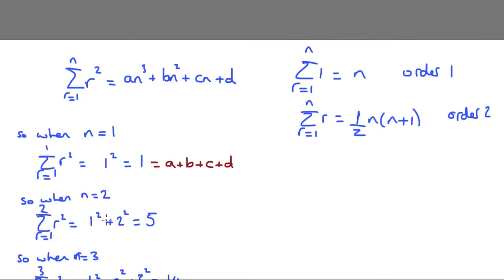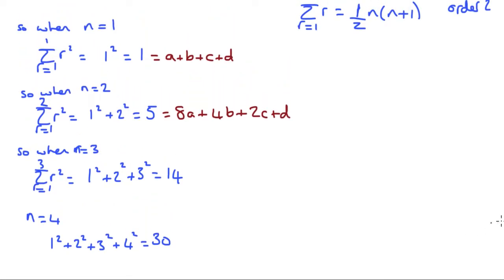When n is 2, 2 cubed is 8, so we have 8a plus 2 squared, so 4b, plus 2c, and d again.